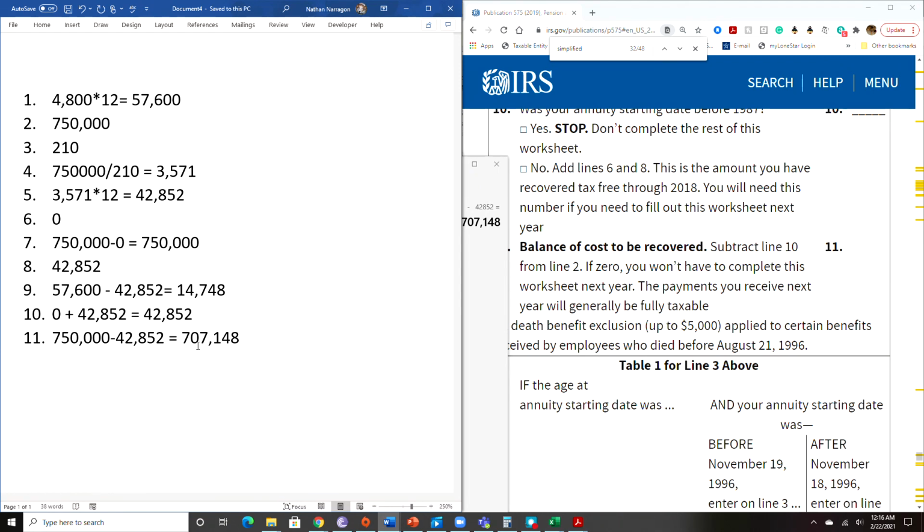And basically, the payments you receive next year will generally be fully taxable. Yeah. We will do the same thing over and over again. But this is the key that we have to watch out for right here.